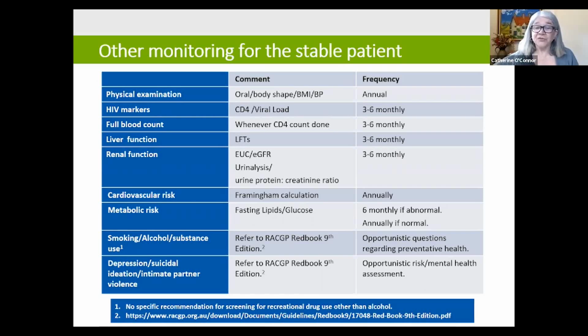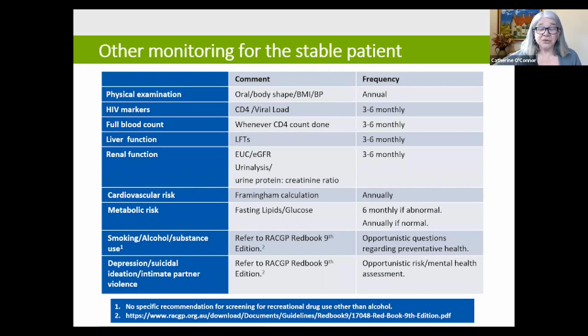We need to do a full blood count at the same time, liver function tests, and look at their renal function regularly, which is very important in the context of HIV, as some of the drugs that patients take can be quite nephrotoxic.